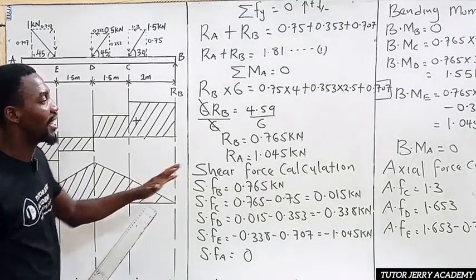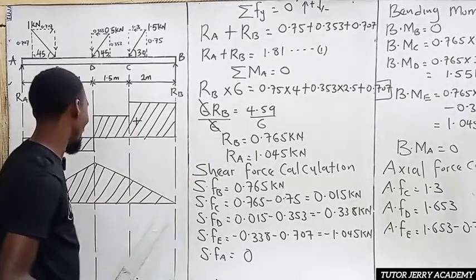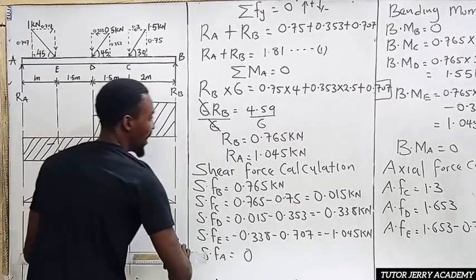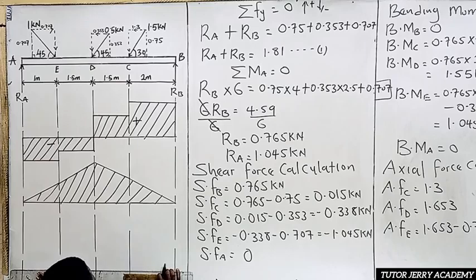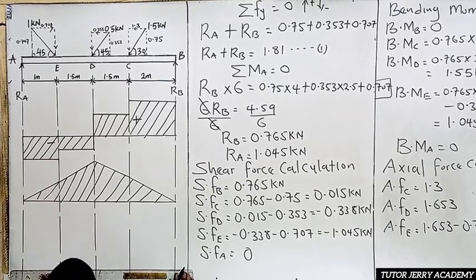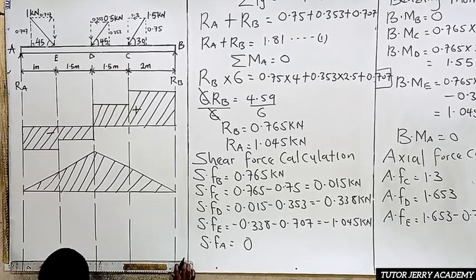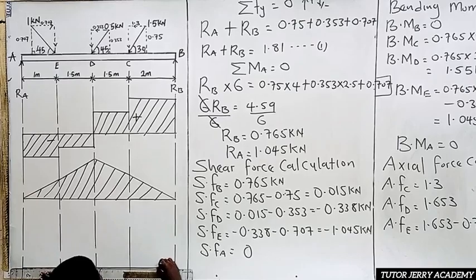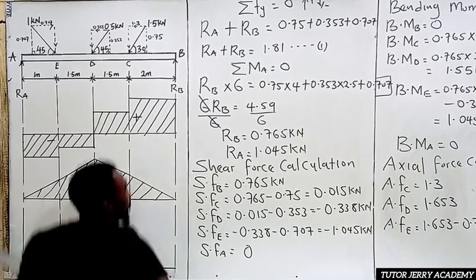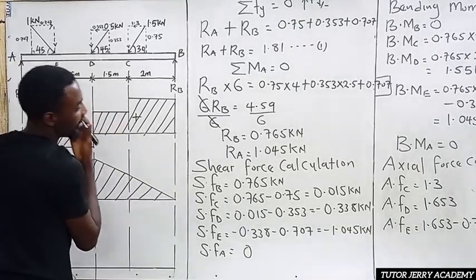So the last diagram is our what? Axial diagram. All right, so our axial diagram is positive here throughout. So let's take it down. At point B we don't have any axial load.